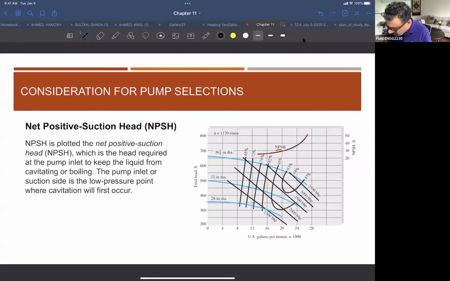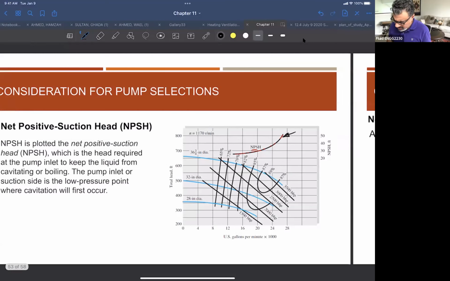So we said we have another curve, and this curve is a manufactured curve. It's another characteristic of the pump that we put on the chart of the pump, representing the net positive suction head required by this pump, right?